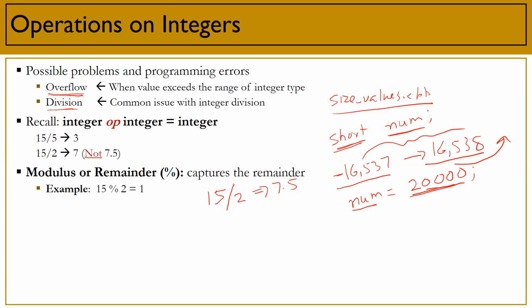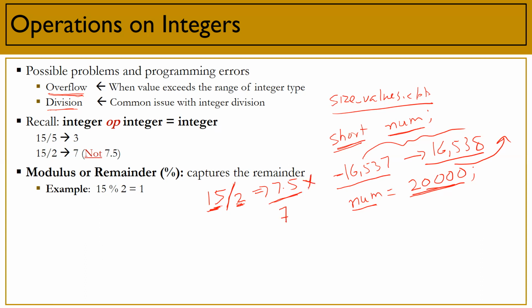But if you recall the programming rule, this is an integer and this is another integer, and when both of your operands are integers, your result should also be an integer. So in this case, since both of them are integers and you are performing division, the output will not be 7.5, rather it will be 7.